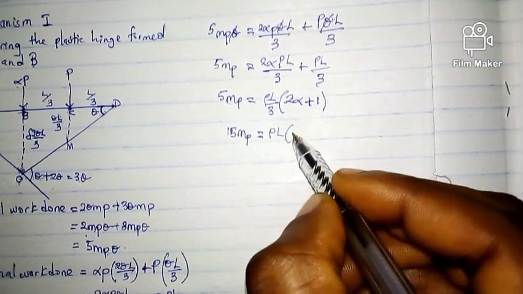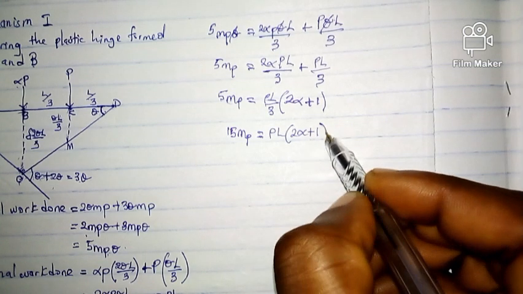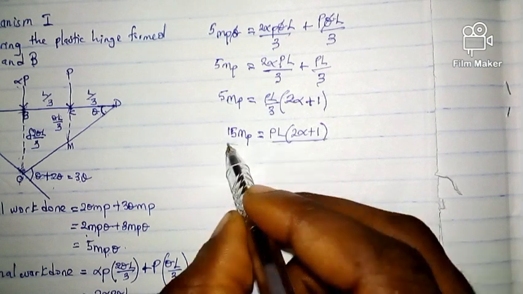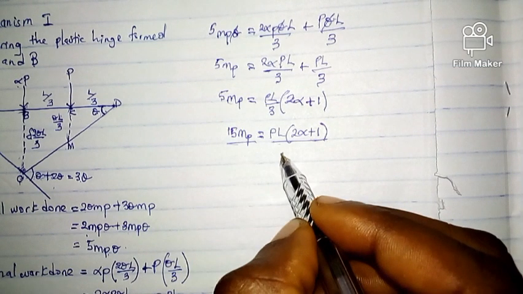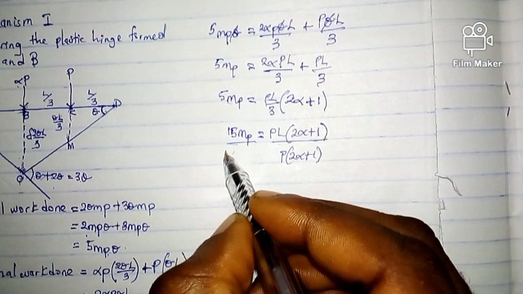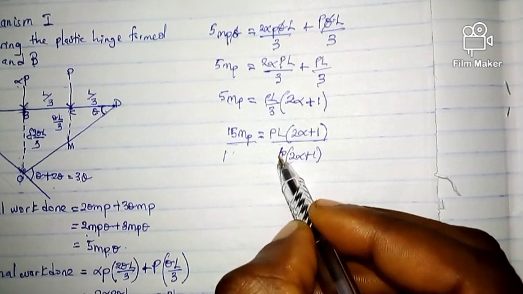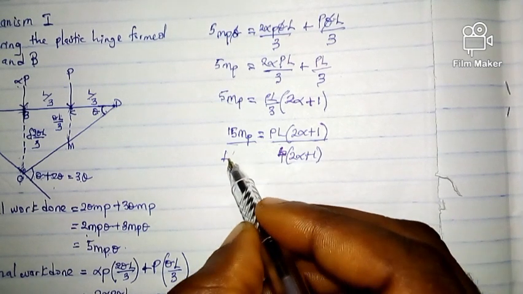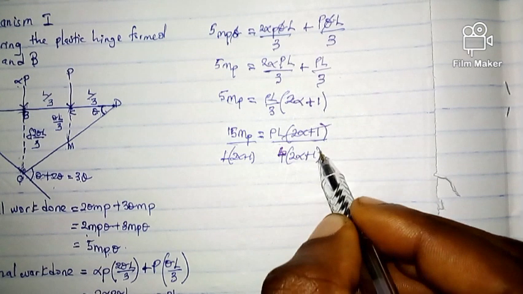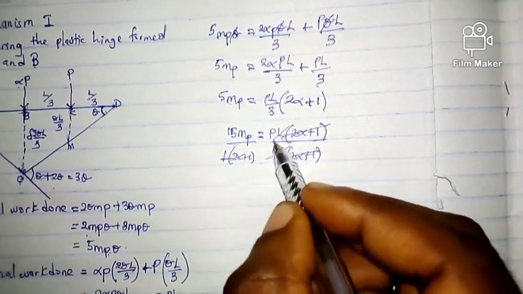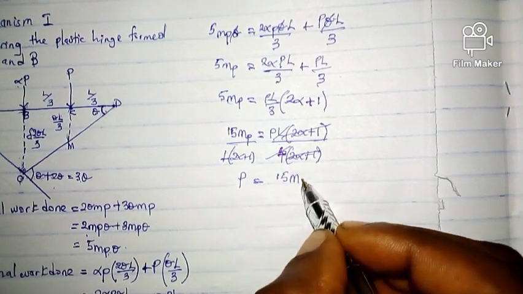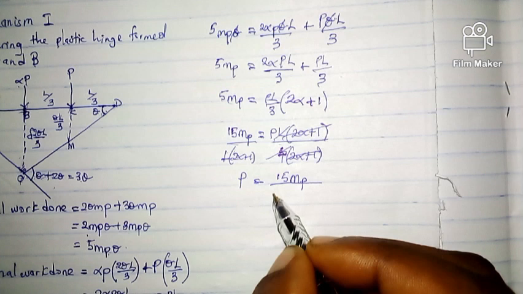So make P the subject of the formula. I'll divide both sides by L into 2 alpha plus 1. So we have P equals 15 MP all divided by L into 2 alpha plus 1.